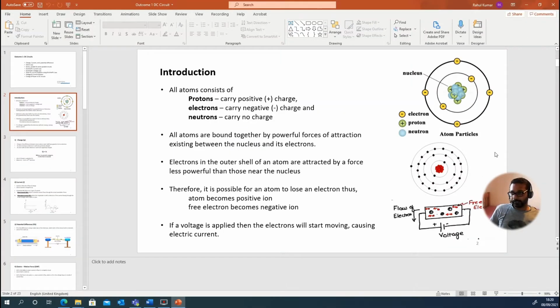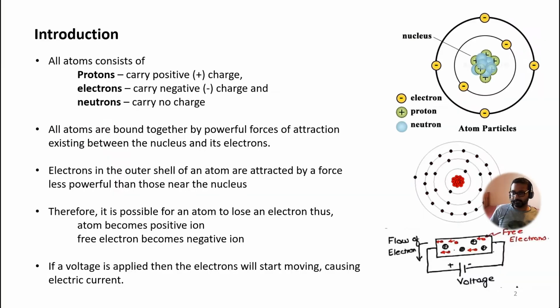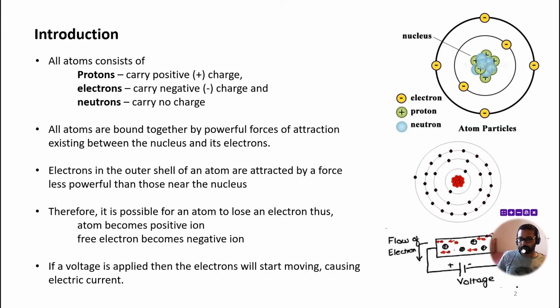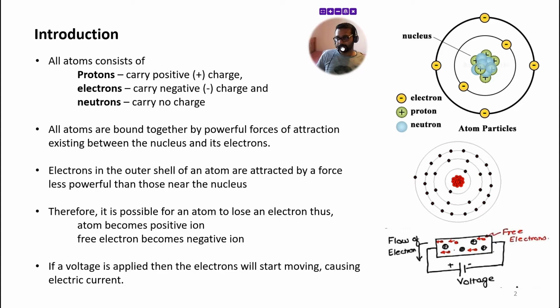Now let's continue. So basically in the first outcome we'll be studying, first of all, the parameters of an electrical circuit, and then we will move on to discussing DC circuits and how to analyze them, right?